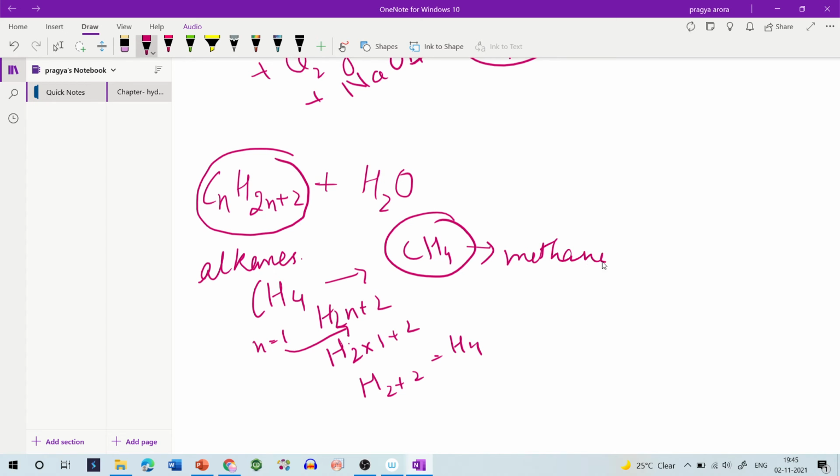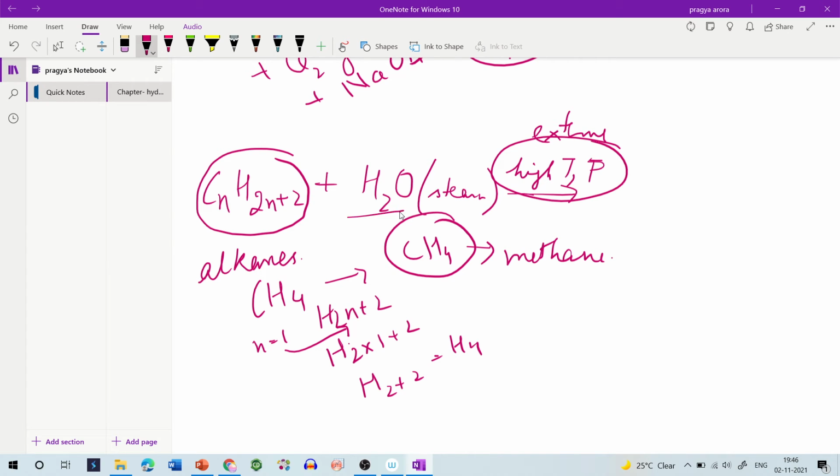So for any saturated hydrocarbon, when you react it with H2O in the steam form, this reaction takes place. Any saturated hydrocarbon will react with water only when you provide extreme conditions of temperature and pressure. Water won't react on its own with the alkanes.